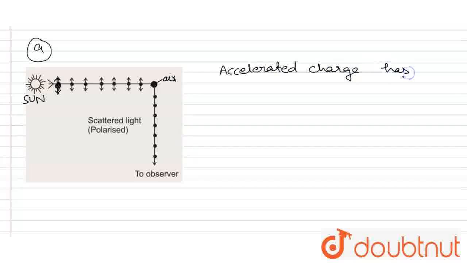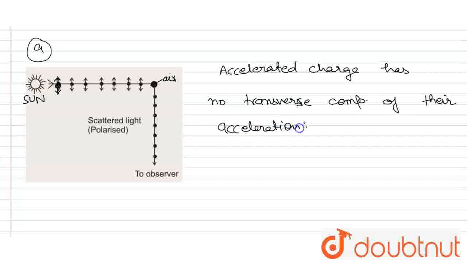charge has no transverse component of its acceleration, so it has no parallel component after the scattering.